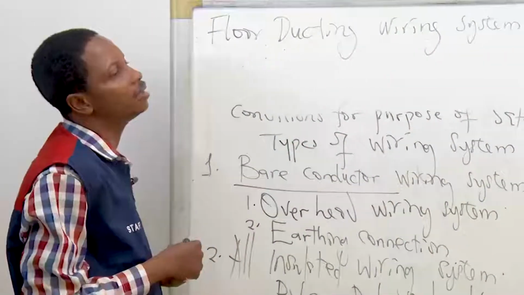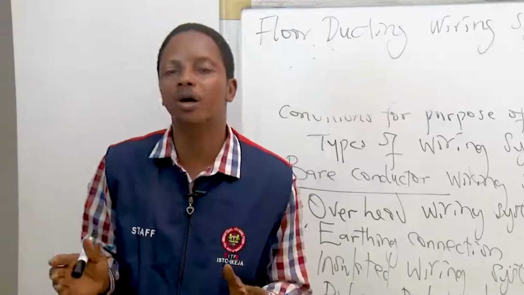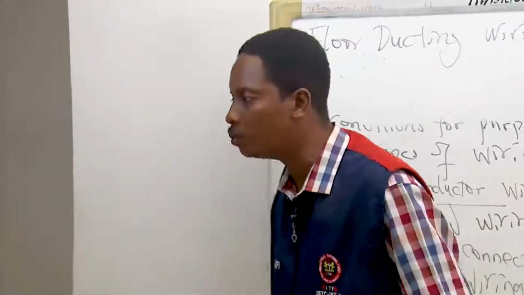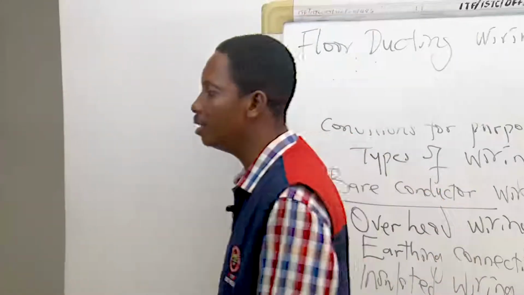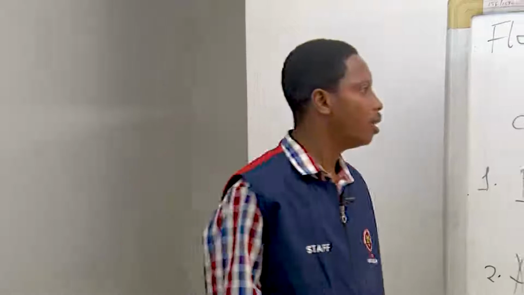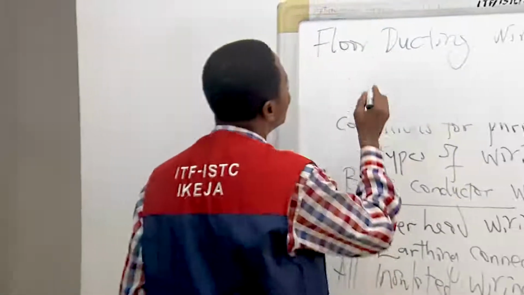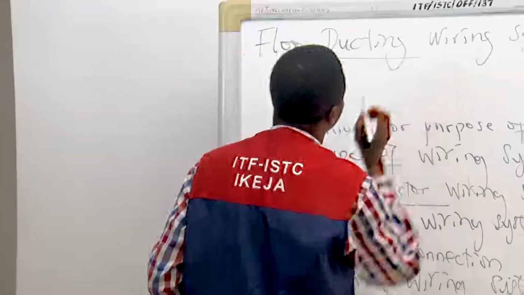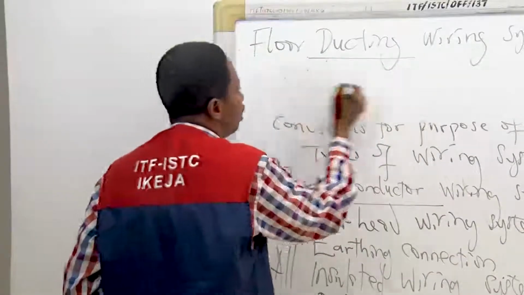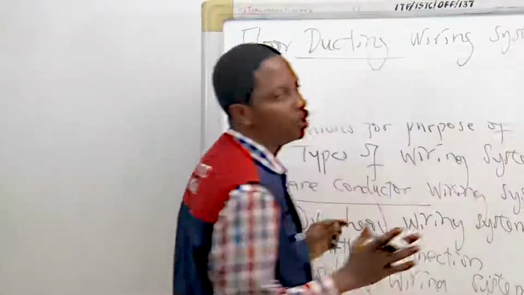Floor ducting wiring system is also a special wiring system where the cable arrangements are laid on the floor. However, with a duct, you can see floor ducting, a duct. So it is mostly used for industrial setting.